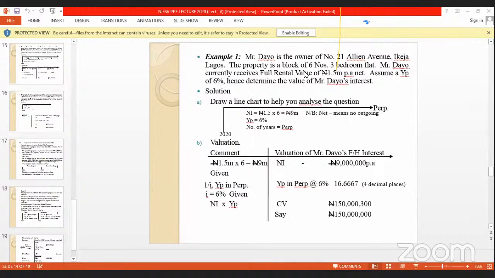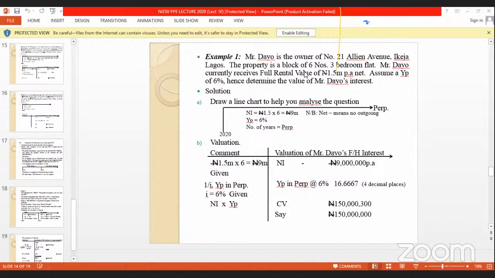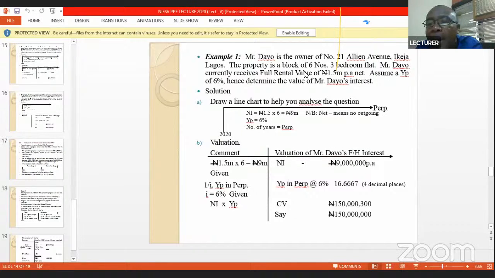Reversion, sir. When do you do reversion? When there is a reversionary interest. And remember, I want to give you a tip. Whenever you see reversion for landlord, the landlord must revert to full rental value.